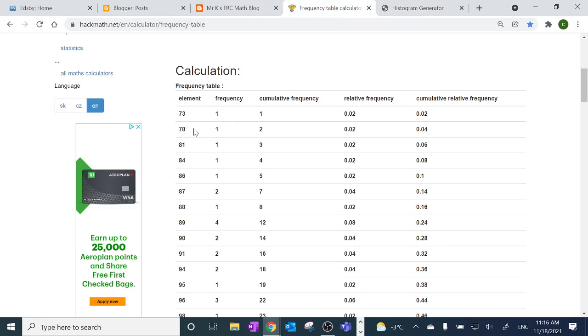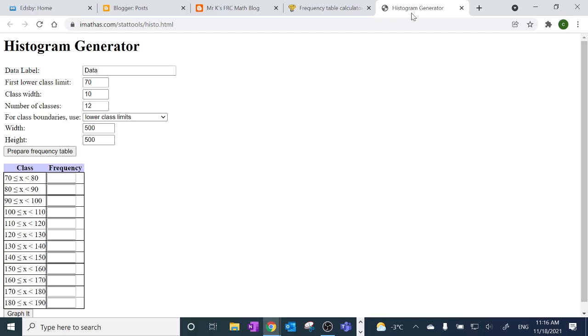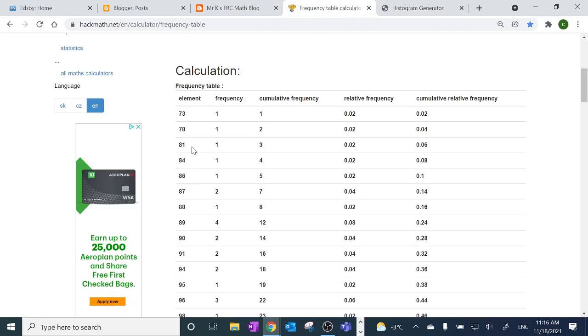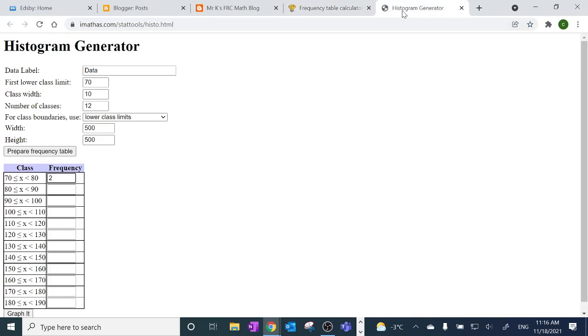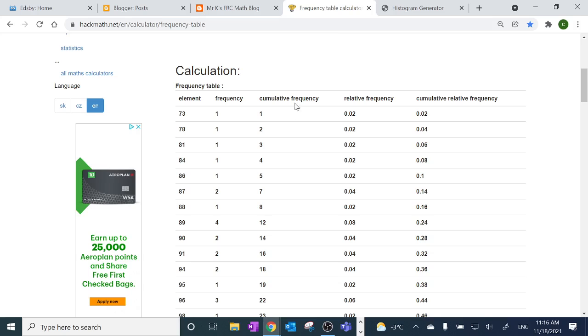How many are in the 70s? 2. So I put a 2 in there. How many are in the 80s? 1, 2, 3, 4, 5, 6, 10. 10 go in here. How many are in the 90s?